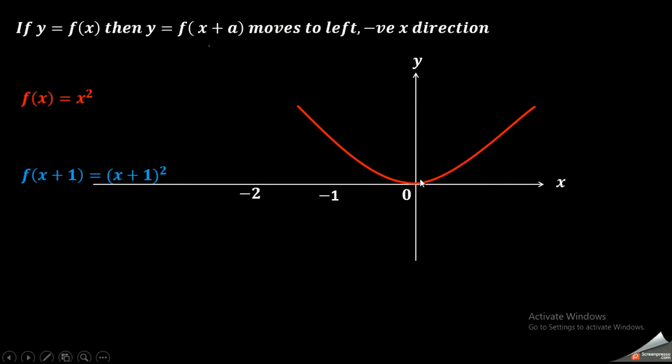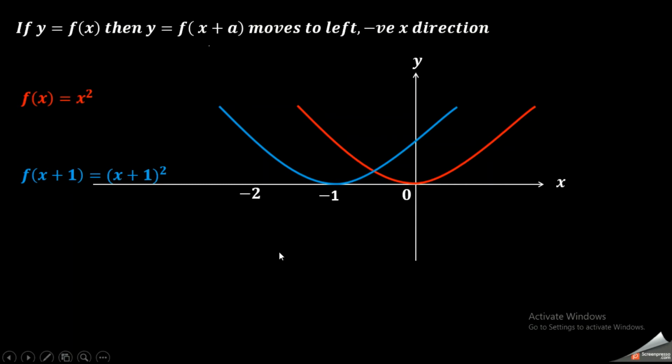So this 0 will come and stop at this place, minus 1. Okay, we will see this transformation now. Look at this. This will move to this side.